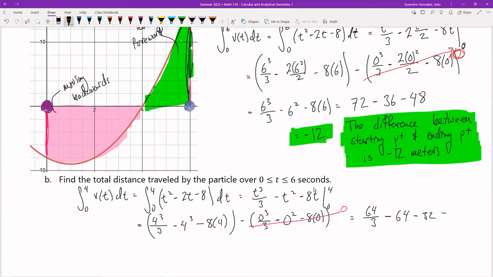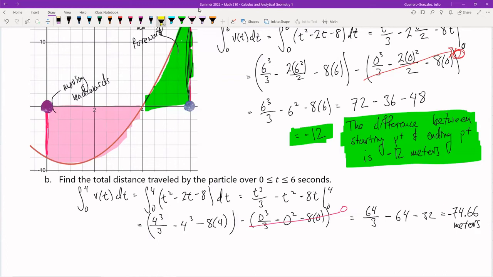Okay, and this is all equal to, let's put that into our calculator, 64 divided by 3, minus 64, minus 32. Okay, and that's going to be negative 74.66 meters, right? So notice what I just did.